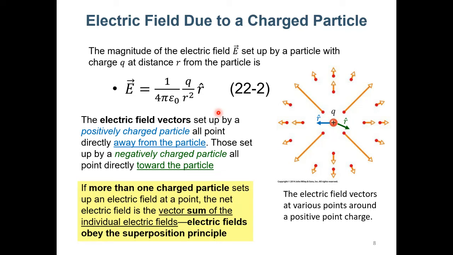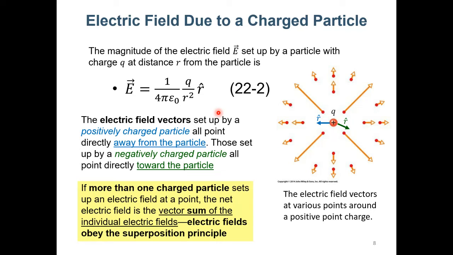But for polar coordinate, the r-axis depends on what is the point and your original point. And for this case, the original point is always placed at the charge, so that if you consider the E field at this point, the r-axis points to this side, and the R hat is here. Of course, the R hat has a magnitude equal to 1.